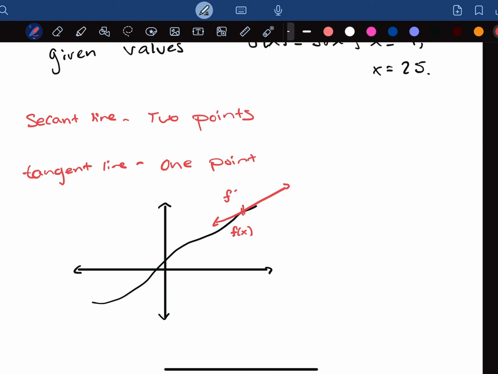So we're going to say this is f of x plus h. It is x plus whatever the value of h is.